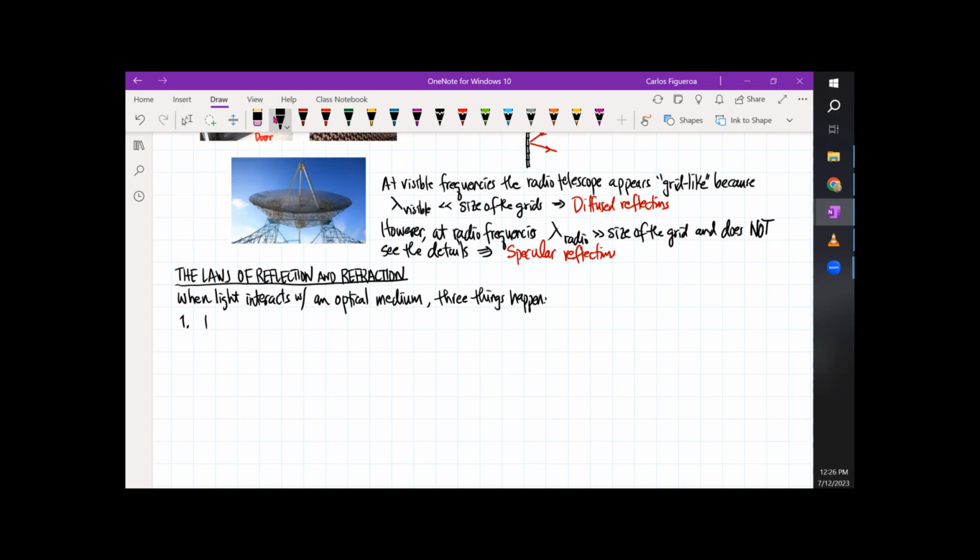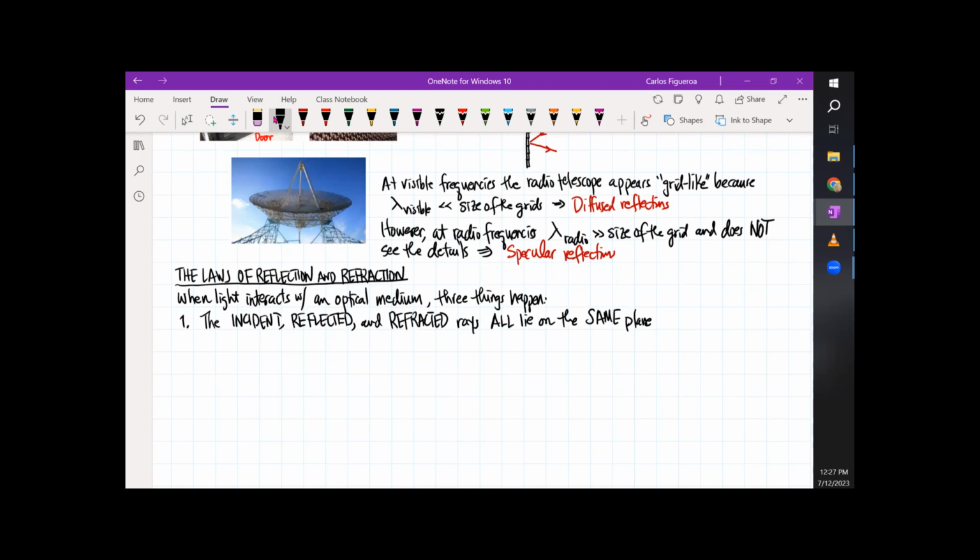One here is that the incident, reflected and refracted ray all lie on the same plane.